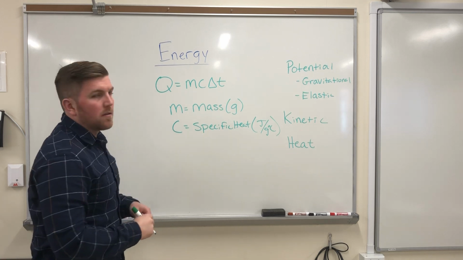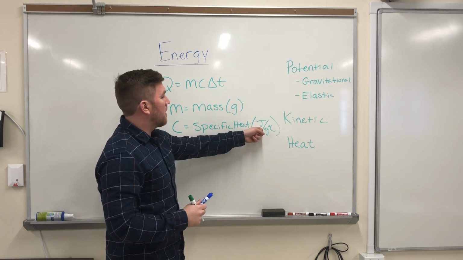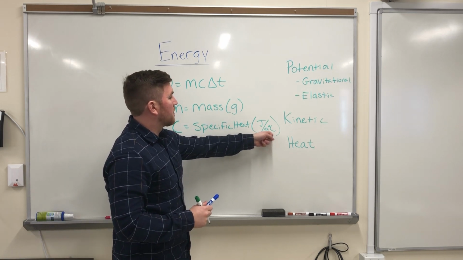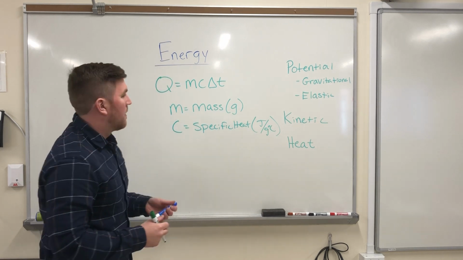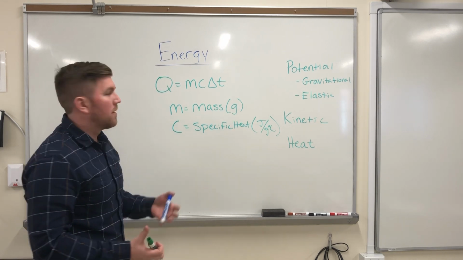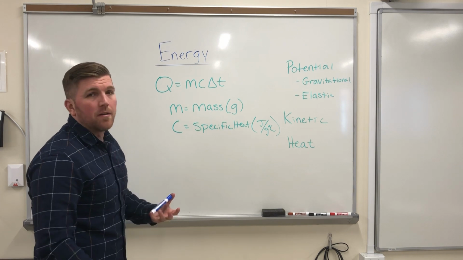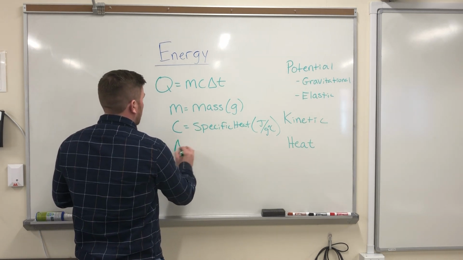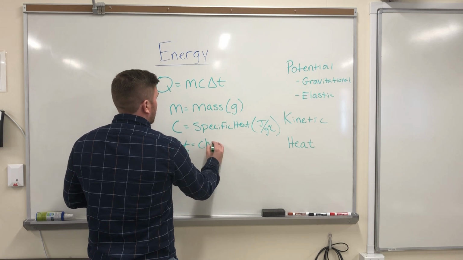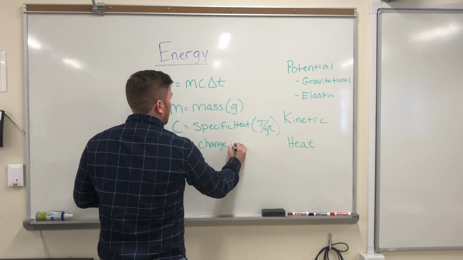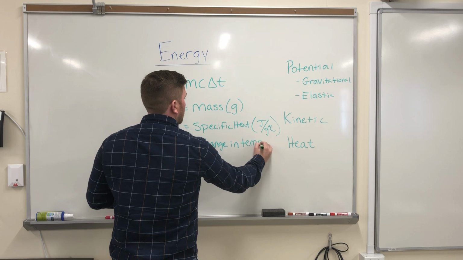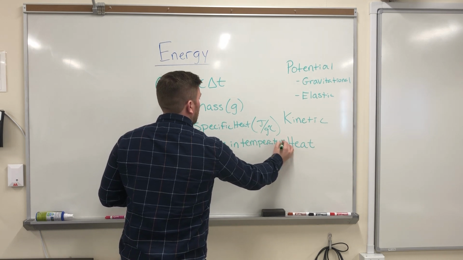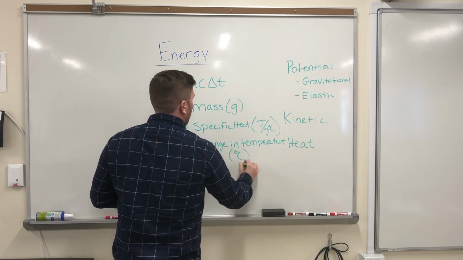Specific heat is basically telling you how much energy it takes to heat up 1 gram of that substance by 1 degree Celsius. For water, it's 4.18. It's different for every object, every item. So delta T is change in temperature, and we measure that in degrees Celsius.